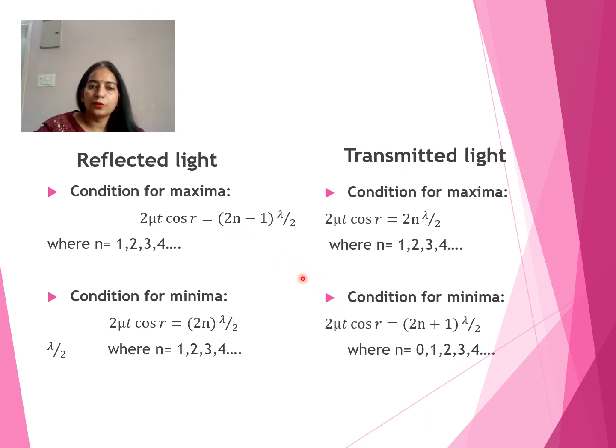As I already told you, you only have to remember one condition. If you remember one condition, the other conditions can be written from it. If you remember the condition for maximum in reflected light, then you know this is the condition for minima in transmitted light, because the conditions for maxima and minima in reflected light are complementary to those in transmitted light.